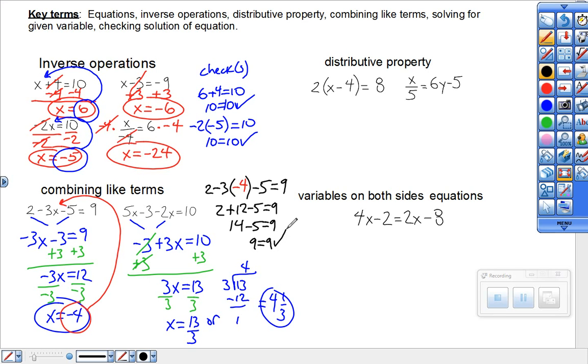So you can see when I plugged in the real answer, which was -4, it made that work.